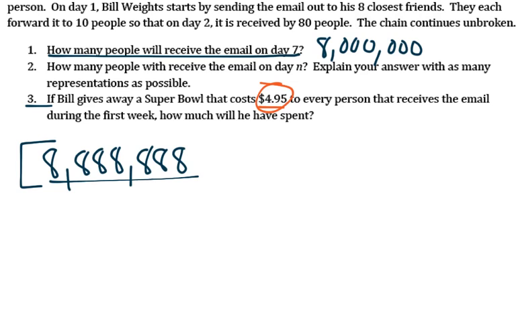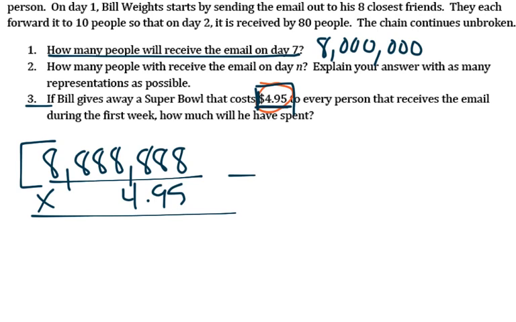So each one of these people is going to be given that much. So we just multiply it, right? Multiply that together, and obviously we want to use a calculator because that's going to be a lot easier. So we'll type that in, 8,888,888 times 4.95.